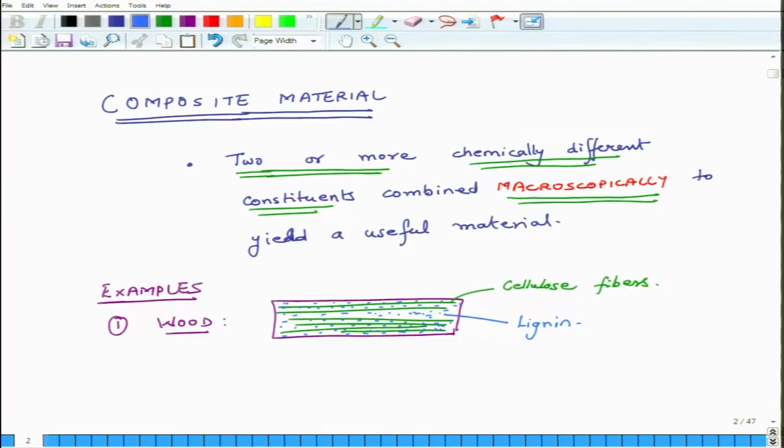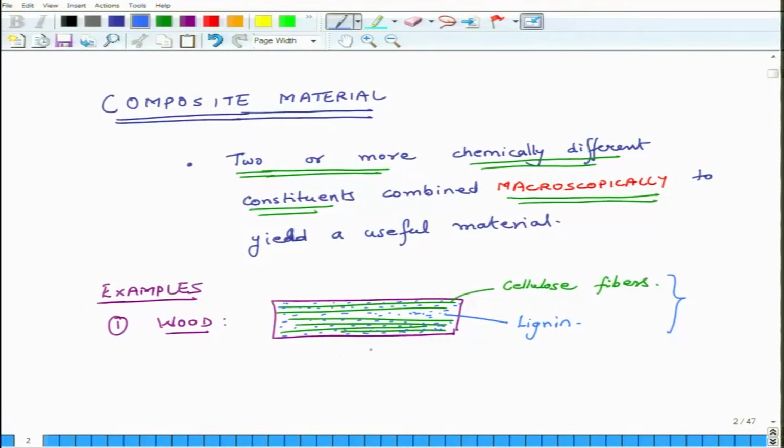So, what do we see in wood? They have two or more chemically different constituents, and they are not added up at a molecular level. You can actually physically see a cellulose fiber and lignin separated, and they are sticking to each other. So, this is one example.